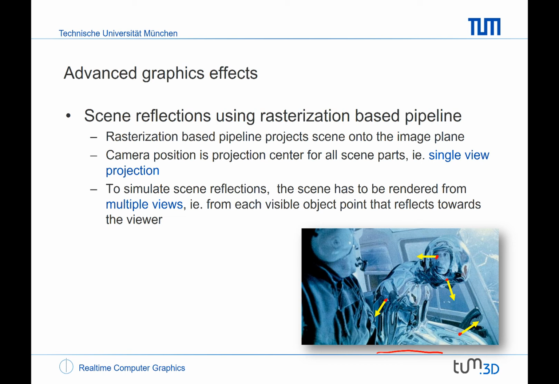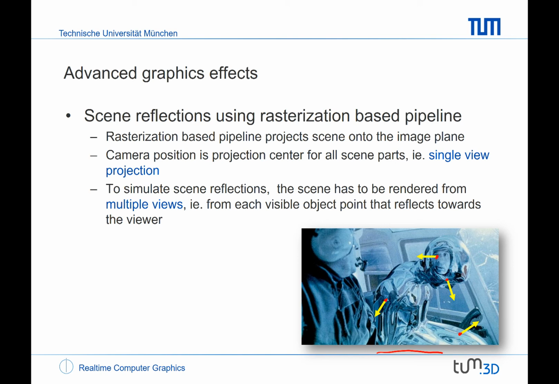So as we do if we just render the scene. But now what we also have to do is determine which is the point of the surrounding that is projected onto these reddish points here and is then reflected towards the viewer.